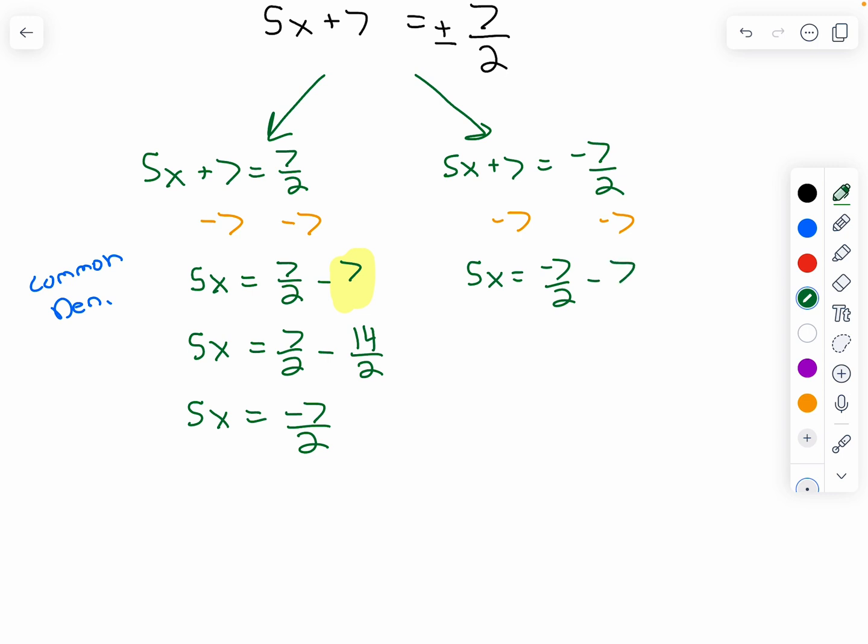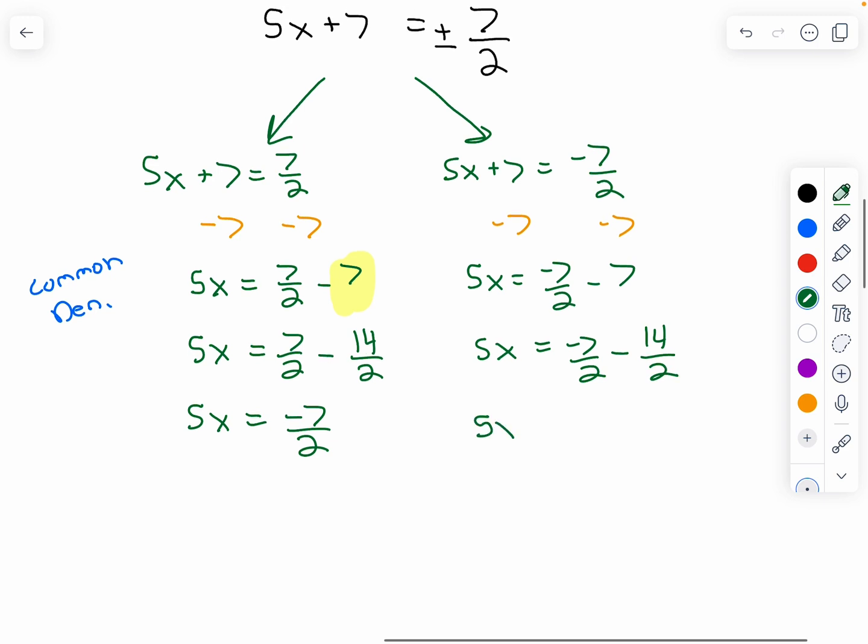And if I want to subtract 7 from negative 7 halves, I need to create a common denominator. So I get minus 14 halves. There we go. Now I can subtract the numerators. Negative 7 minus 14 is negative 21. And then the 2 stays the denominator.